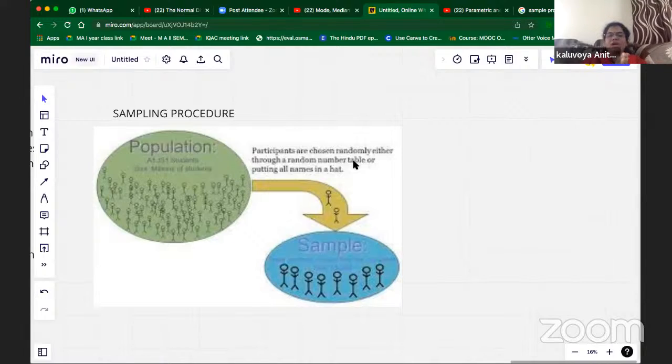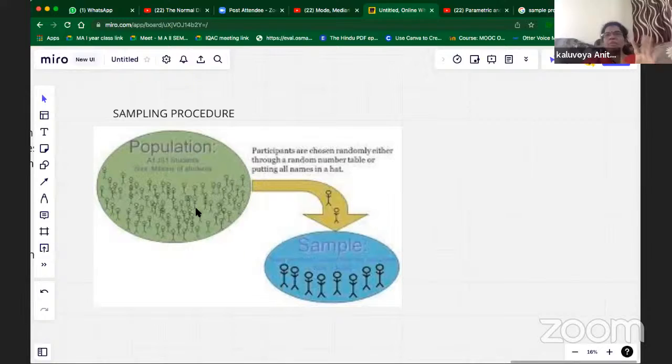From the population, participants are chosen randomly, either through a random number table or by putting all names in a hat. What you derive from the population is the sample. Imagine some crores of people fall into the category of your research, such as the rural population in India.